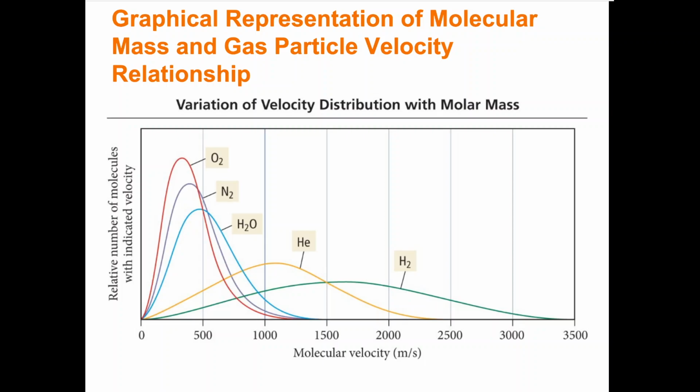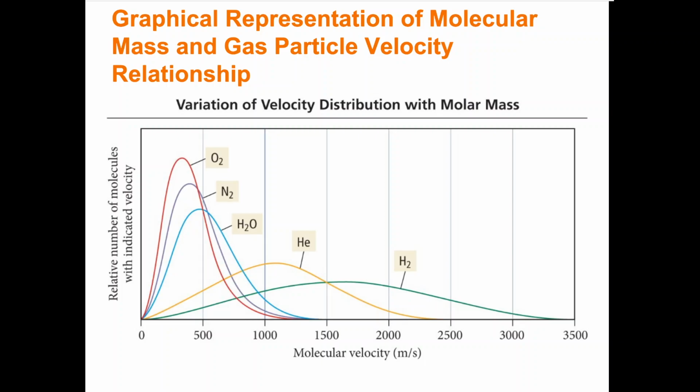This leads us to what we call the root mean squared velocity of a gas particle. This gives you an idea of the average speed of any gas particle in a given sample.